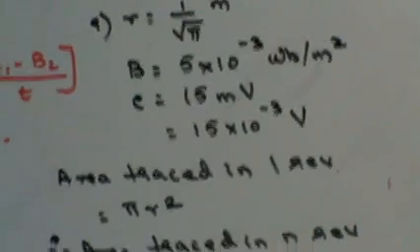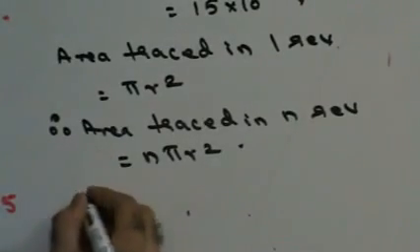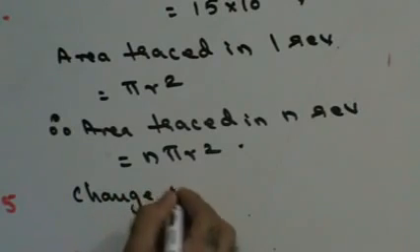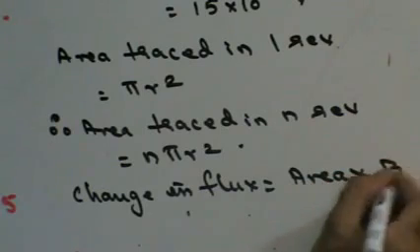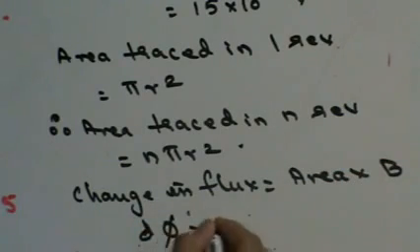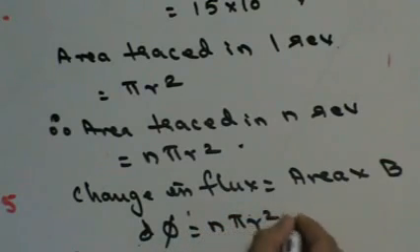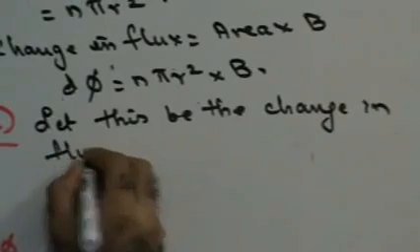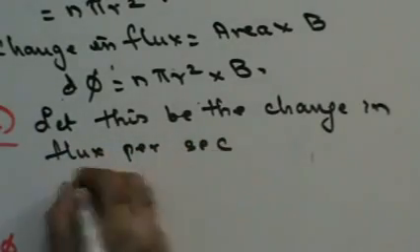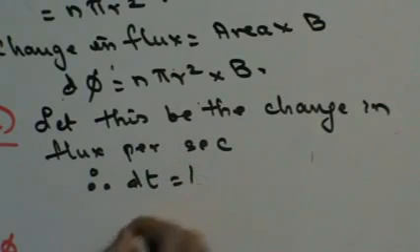Now, the change in flux is nothing but the area traced into the magnetic induction, so it is n pi r square into B. Let us assume that this is the area traced in 1 second, the change in flux per second. Therefore, dt is going to be 1.